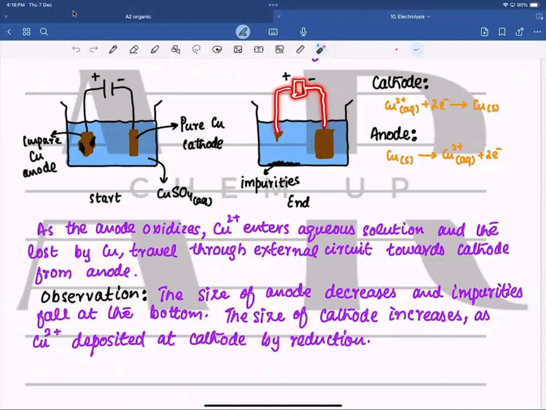If the external circuit is not there, then if the copper turns into ions and enters the solution, leaving the electrons over here, how will these electrons move towards over here and provide the negative charge for copper ions to get deposited and reduced over here? So there is always an external circuit, which will move the electrons from anode to cathode in each electrolysis.